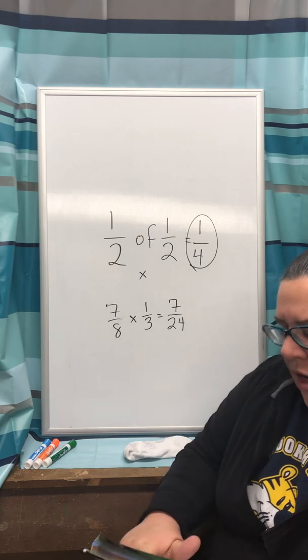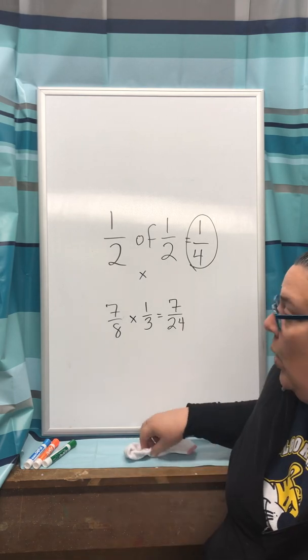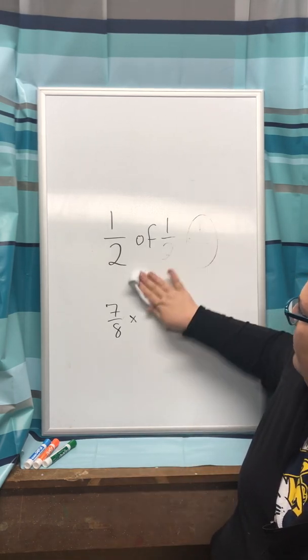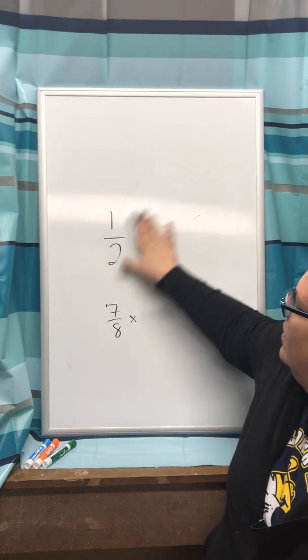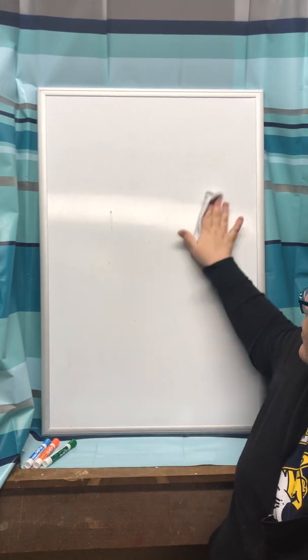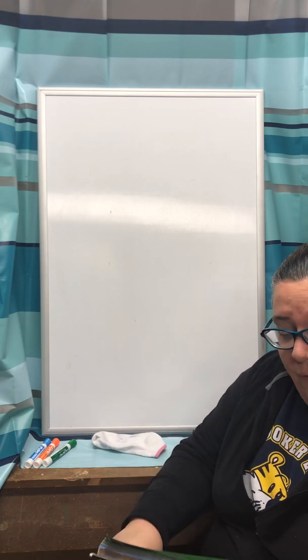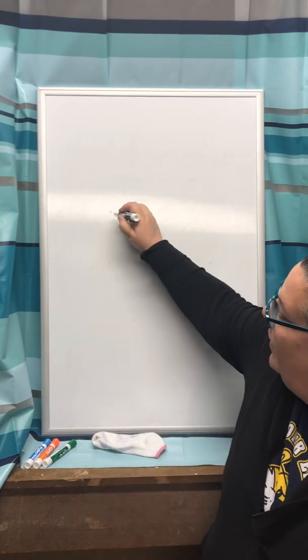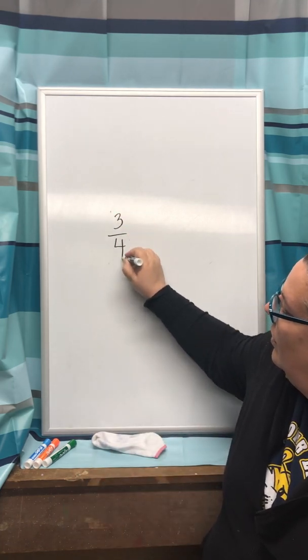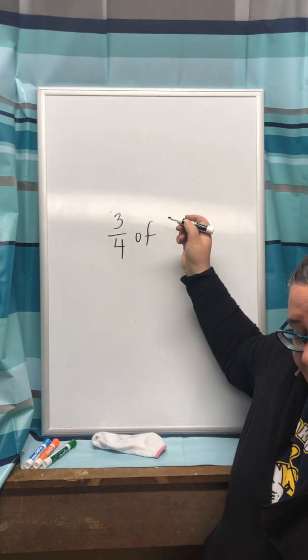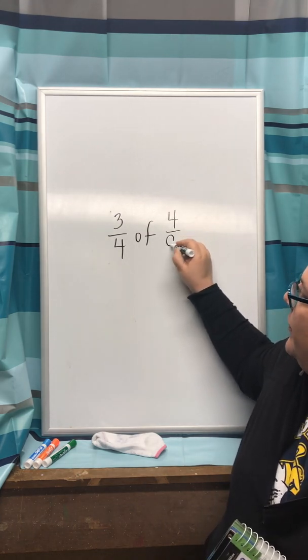Okay, I'm going to jump down first to number 4, and then I'll go back to number 3 with the grid. So for number 4, they wanted us to find 3/4 of 4/9.